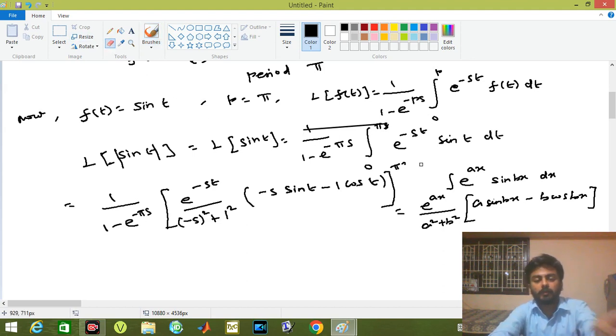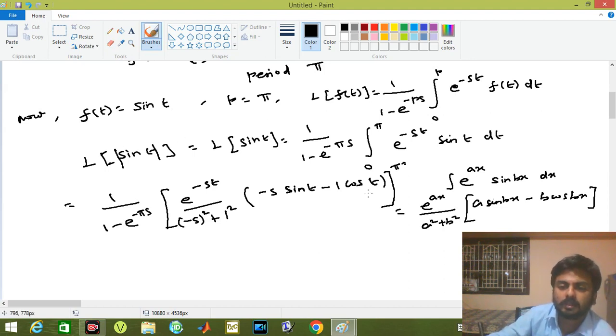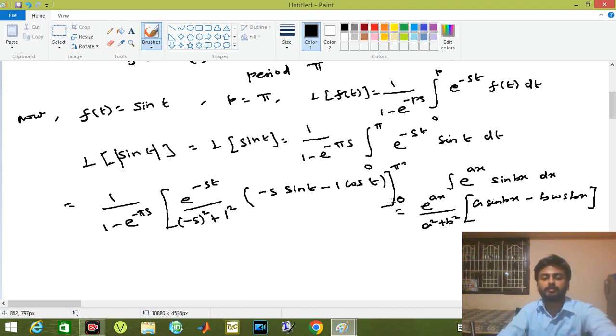You have to be very careful while solving the problems, because here you are having p along with s, and here you are having only p, so that you don't forget. So the limits are 0 to pi.